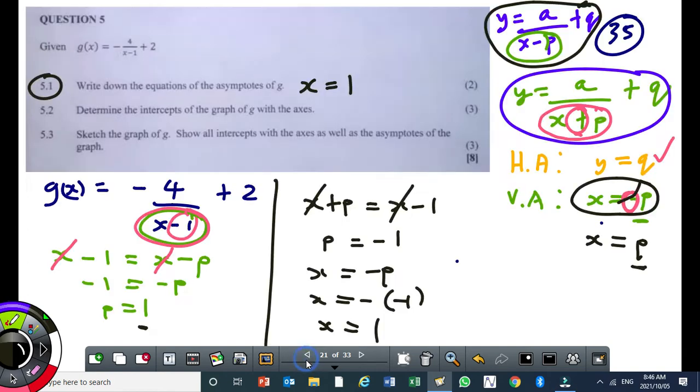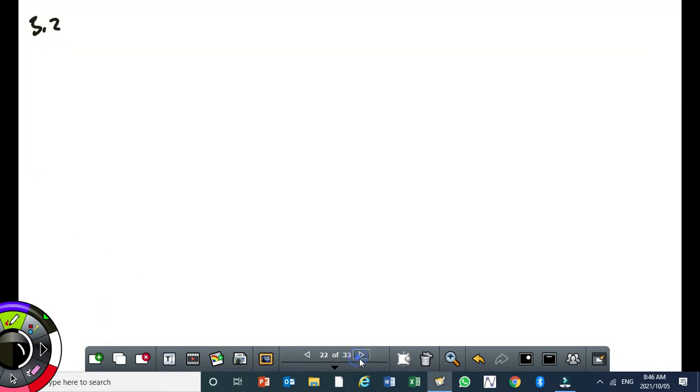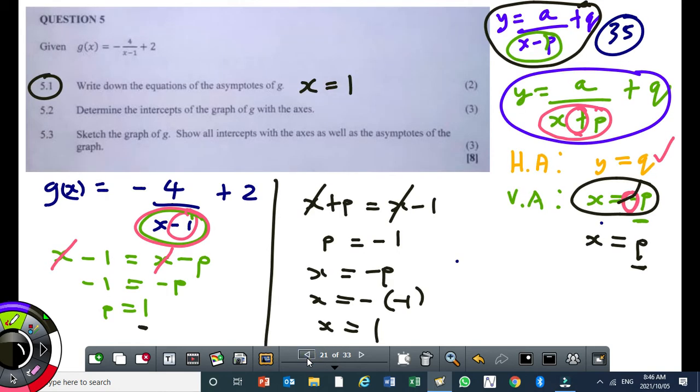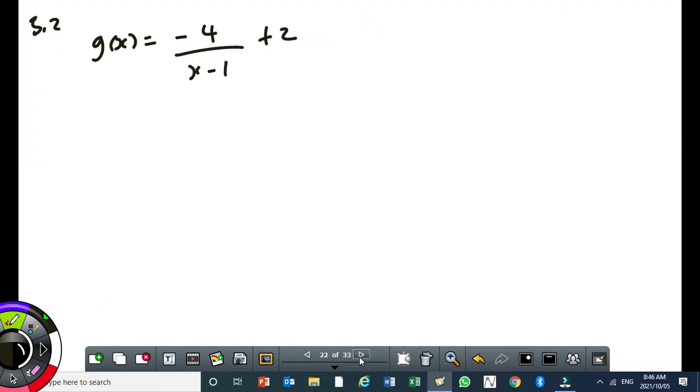Our equation is g of x equal to minus 4 over x minus 1 plus 2. Right? So let's find the y-intercept. Now, the y-intercept, we get it when x is 0. Okay?